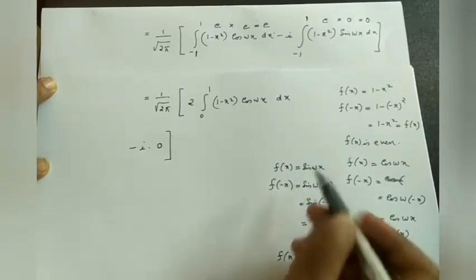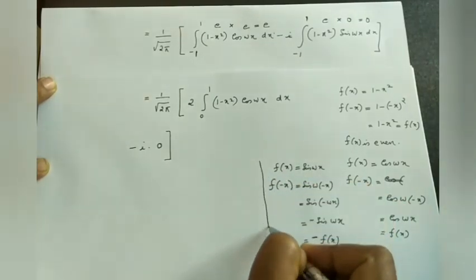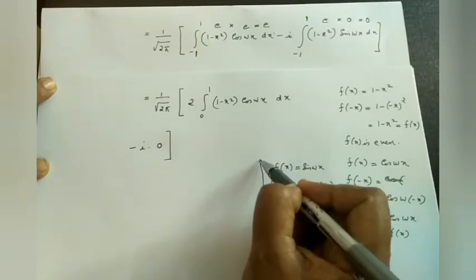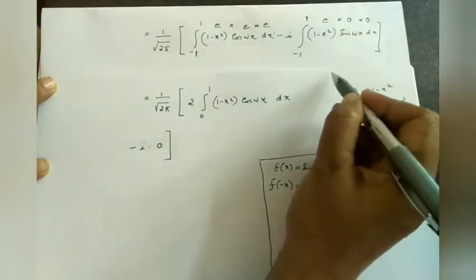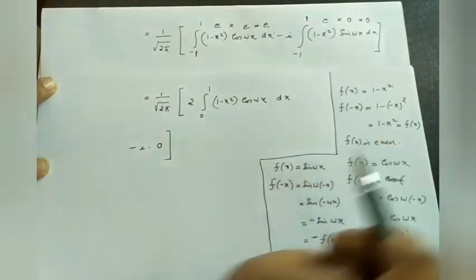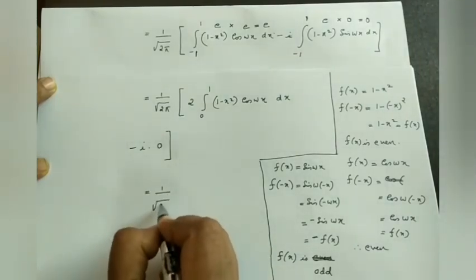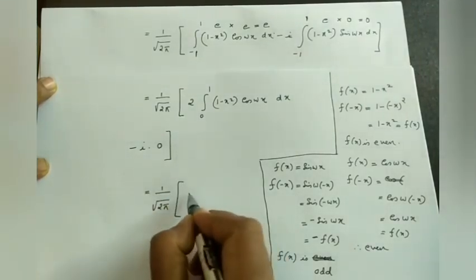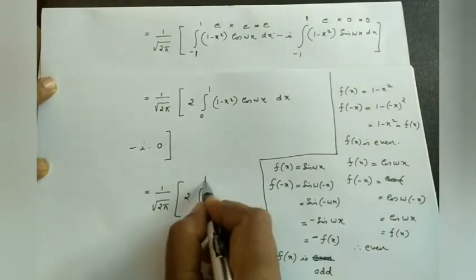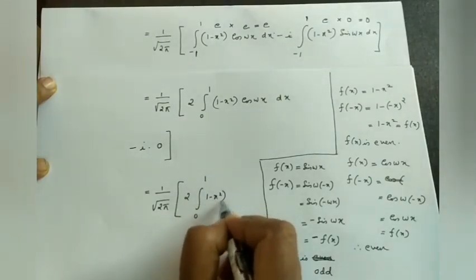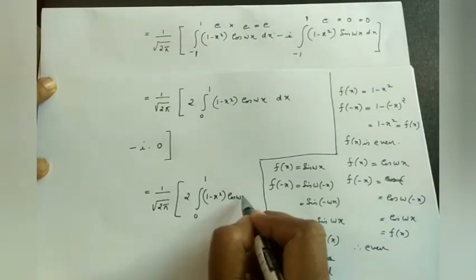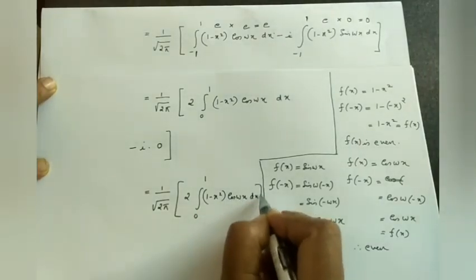Now proceeding with the problem, we get only 1 by root 2 pi into 2 into 0 to 1, 1 minus x square cos omega x dx.